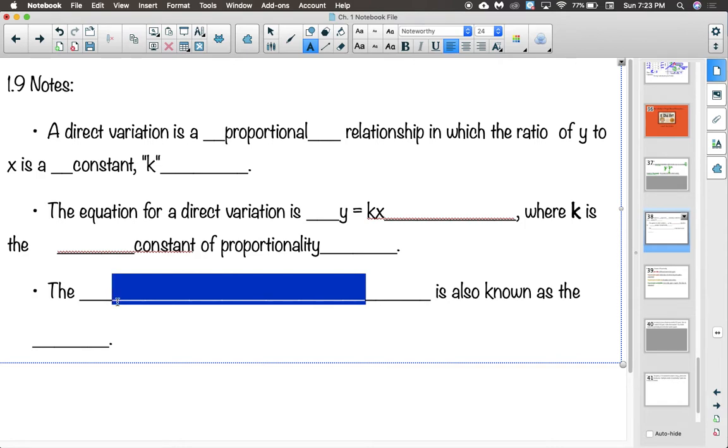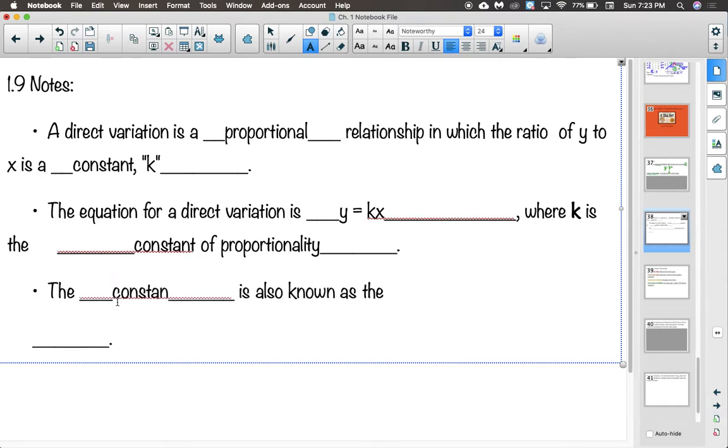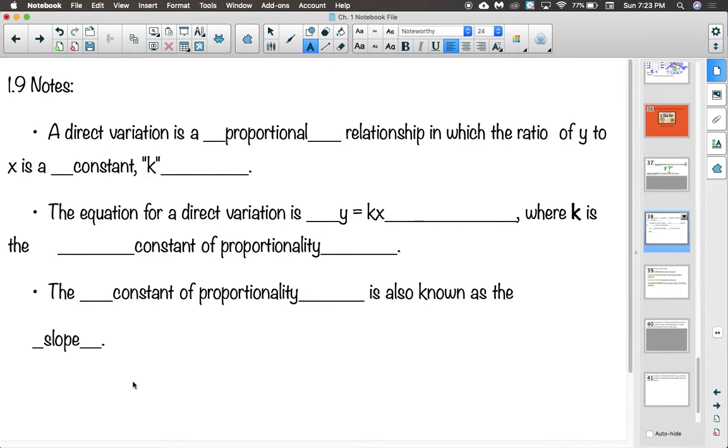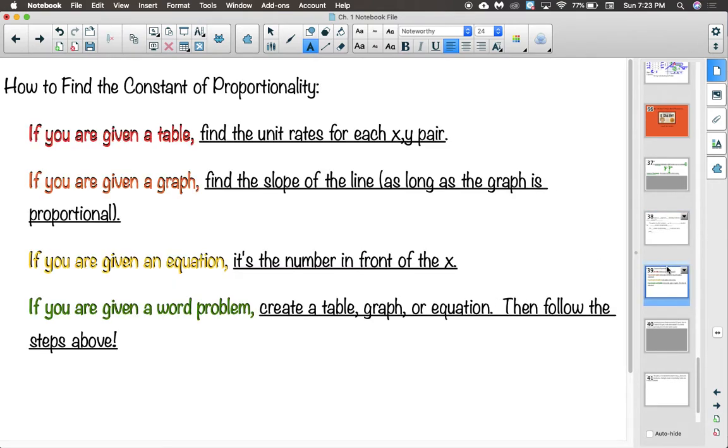And we just have to talk about the fact that the constant of proportionality has another name, and that secondary name is called the slope. So think of direct variation as taking every single lesson from chapter 1 and trying to tie it all together in a bundle. And this is it. Okay? Let's do a problem.